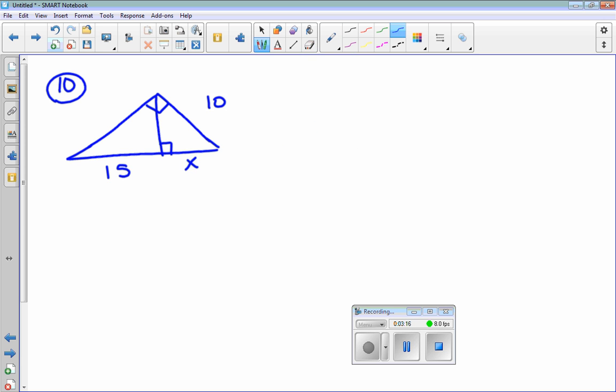Remember that when we are looking at a picture, these 3 segments are the geometric means, the 3 altitudes that come from the orthocenter. Okay? So which one of those numbers represents the actual geometric mean? 10. So 10 is what's going to go here and here.